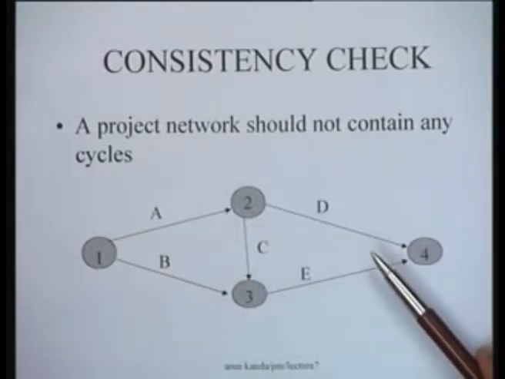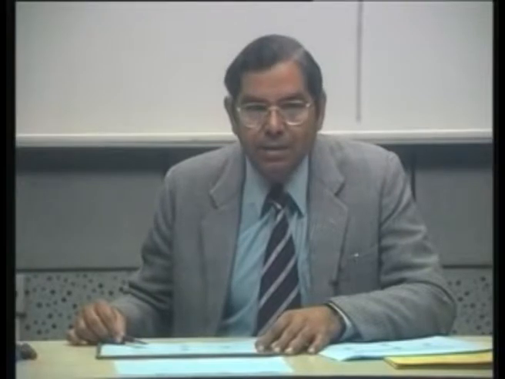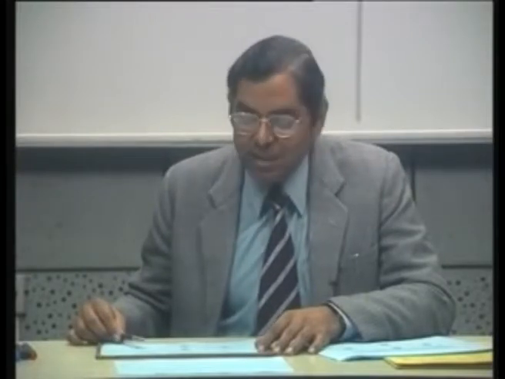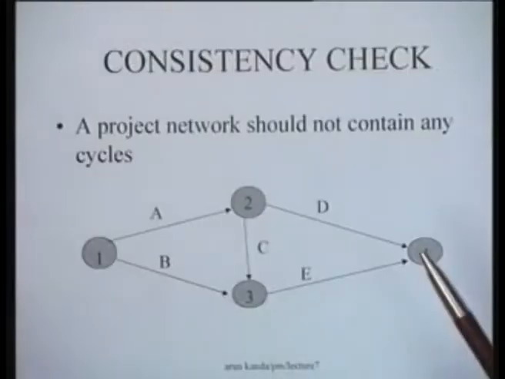You would recall that the presence of a loop in a project network indicates an inconsistency because it implies that the activity should be completed before it is started, and that is the logical inconsistency which comes up, and therefore we must not have any inconsistencies in the project network.